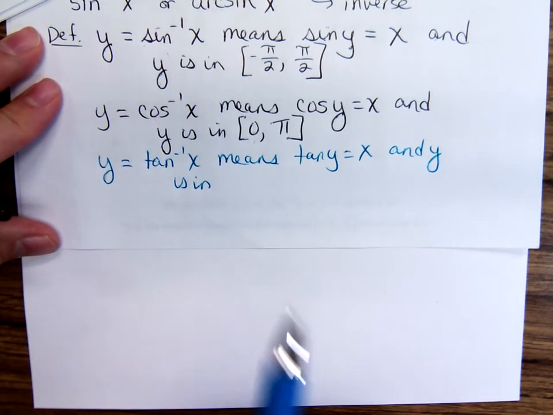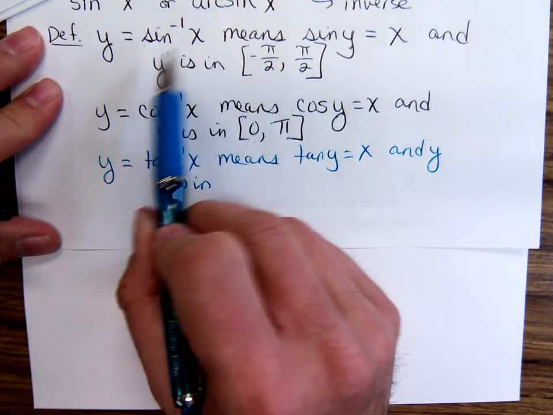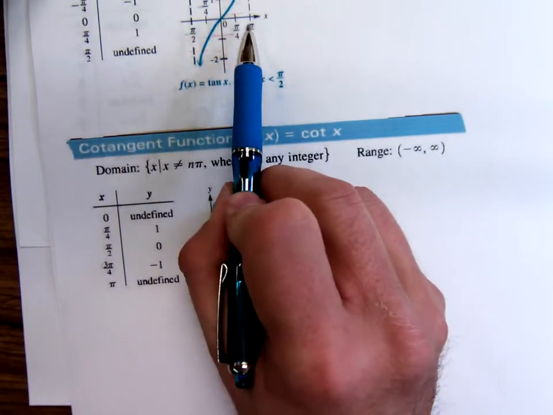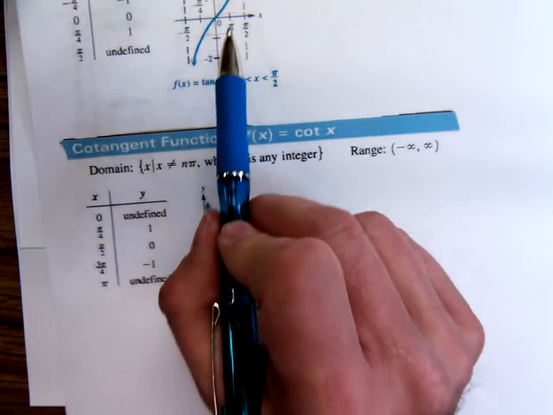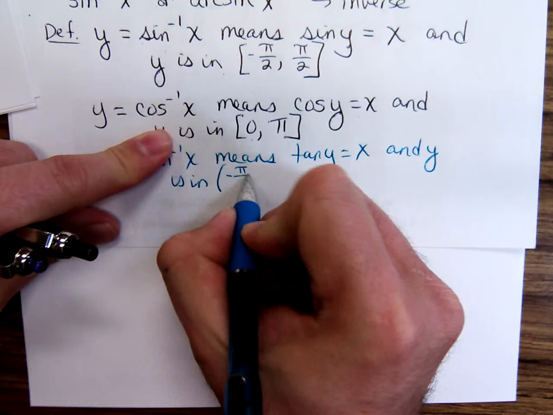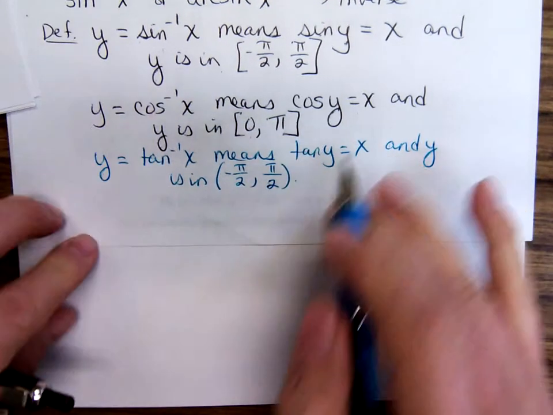These square brackets mean including the number. Well, y can't actually be negative pi over 2 or pi over 2 because the tangent of negative pi over 2 and pi over 2 is undefined. And so, you remember your interval notation? Putting parentheses means y can't actually equal those.